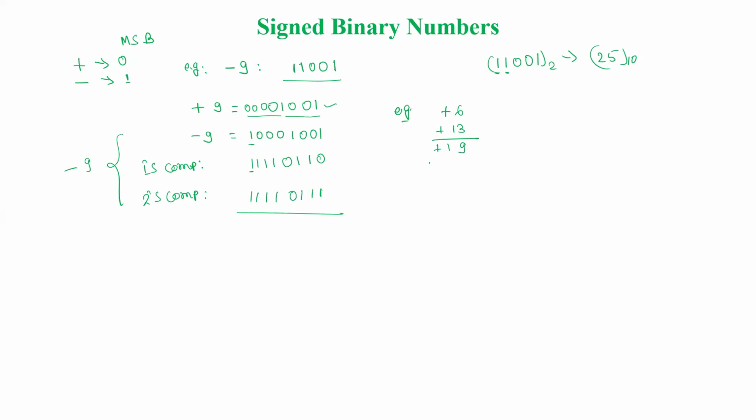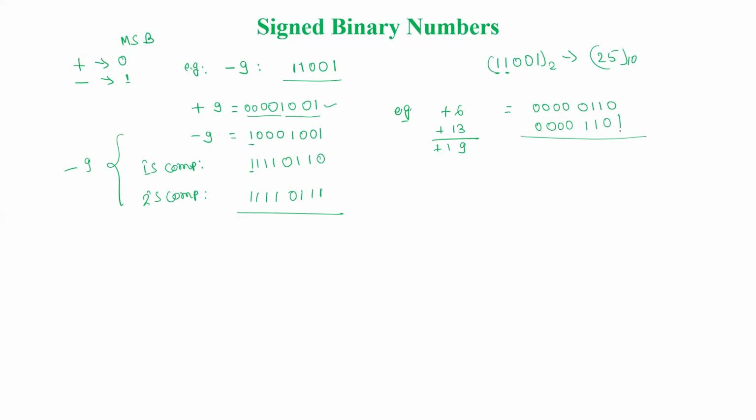Both are positive numbers, but we are going to consider the signed numbers. How do we write plus 6? These 4 bits are for the sign. 6 is written using 4 bits as 0, 1, 1, 0. So each number is represented here with 4 bits. Again, 13 is a positive number, so the sign bits are 0, 0, 0, and 13 is written as 1, 1, 0, 1.